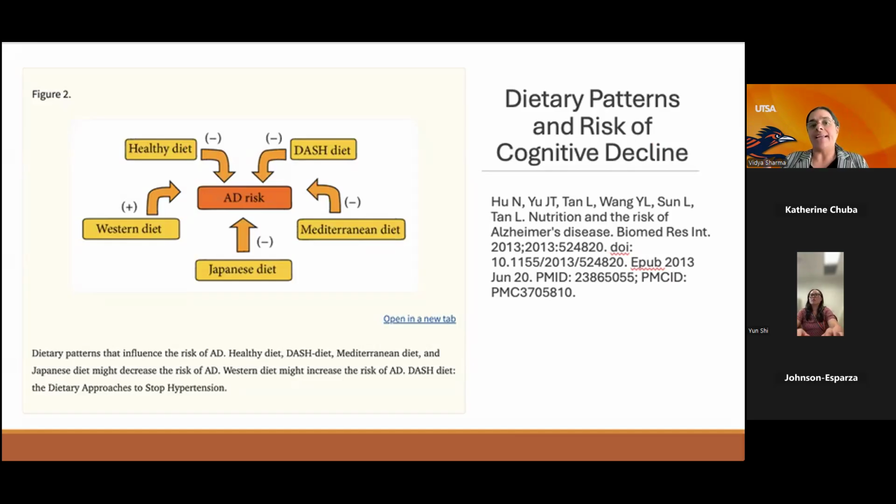So again, a healthy diet, like a perfect My Plate diet, that's wonderful. A DASH diet is what is called dietary approaches to stopping hypertension. So it's basically like a My Plate diet, but you're making sure that you're reducing your consumption of added sodium. Something very interesting that I always tell people is that the recommendations say you need to consume sodium which should be less than 2,300 milligrams per day.